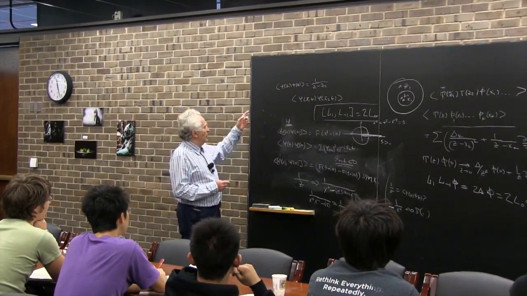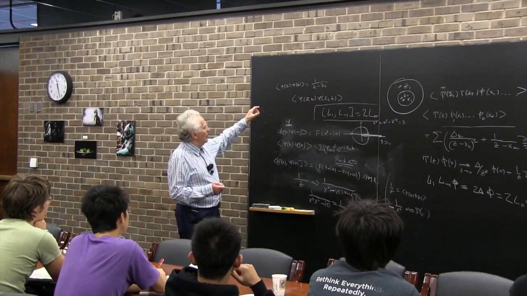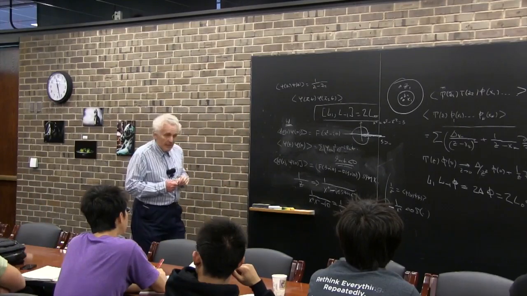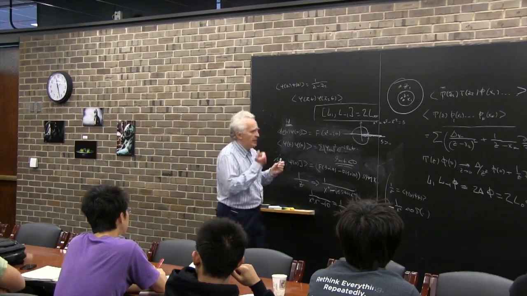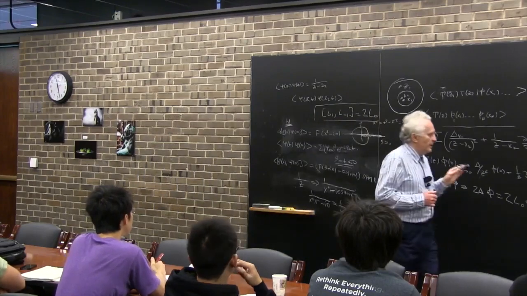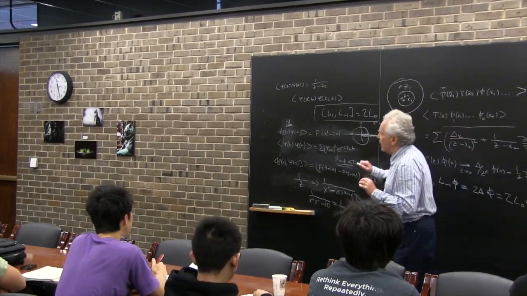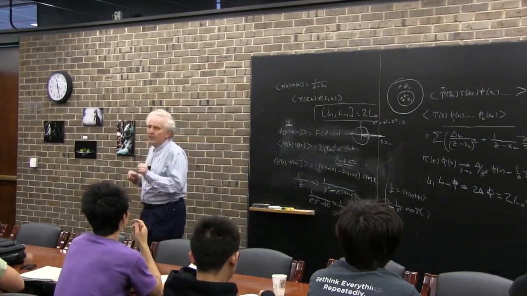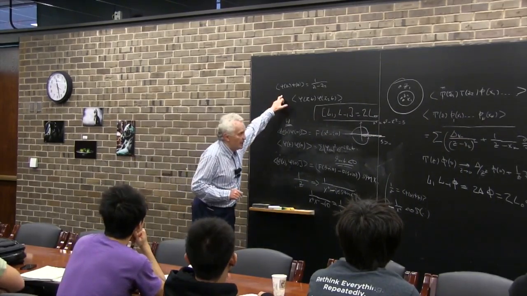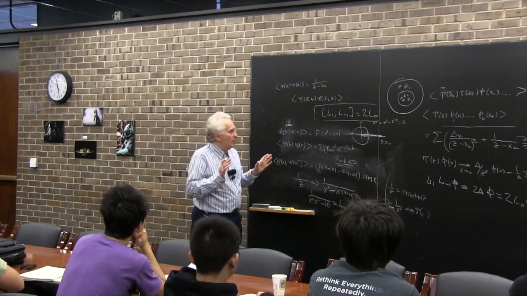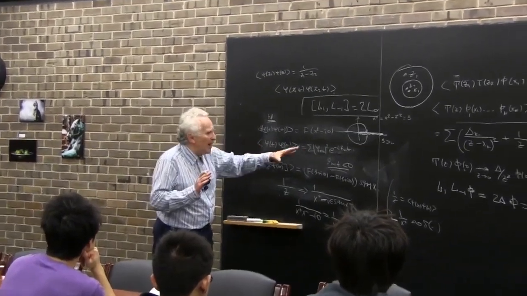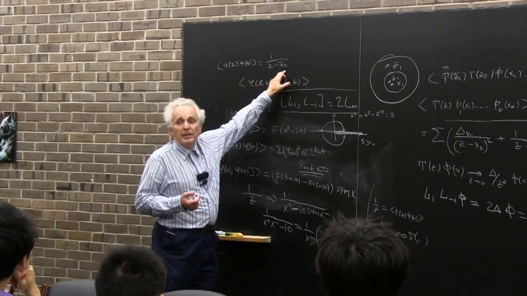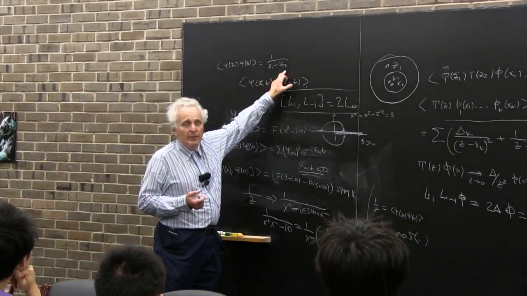So if we exchange z2 with z1, yes, we get the minus sign. Yes, right. The spin statistics appears this way. We have the Dirac Green function, which is this, which automatically, just by the properties of the Dirac operator, is anti-symmetric with respect to z1 and z2.